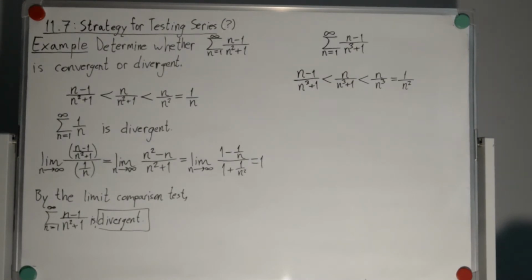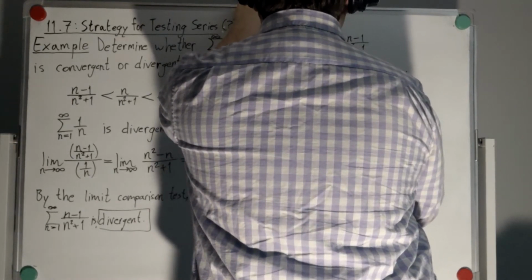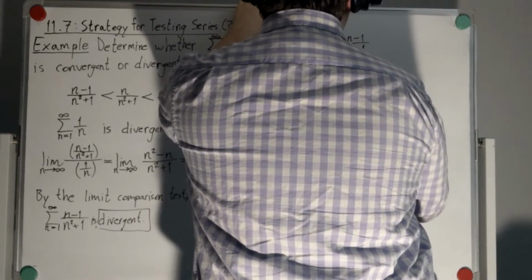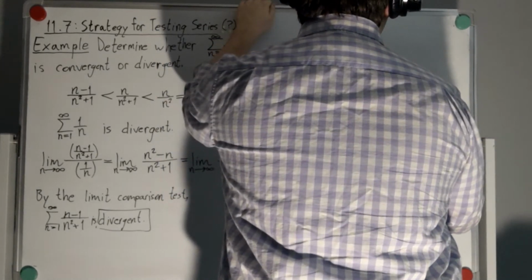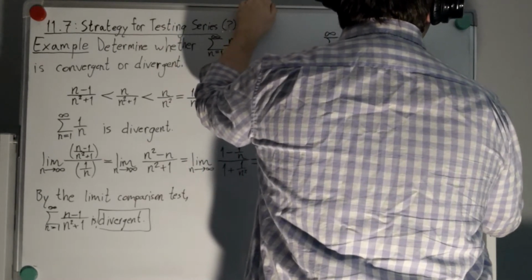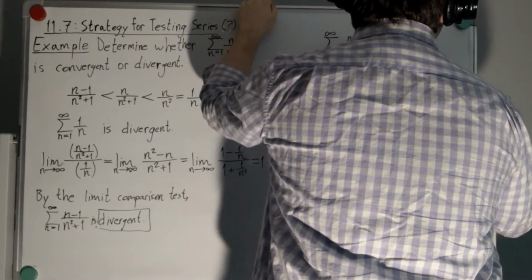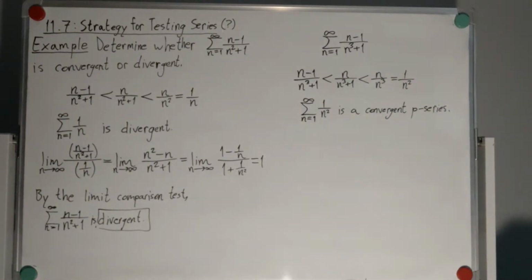All right, so the sum from n equals 1 to infinity of 1 over n squared is a convergent p-series, just because 2 is greater than 1.